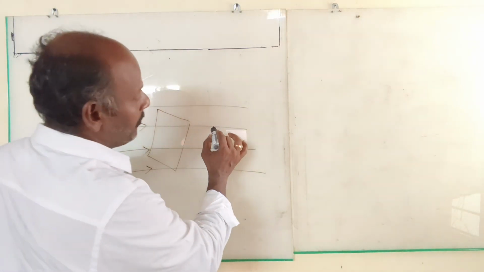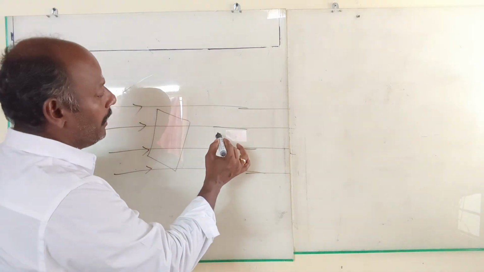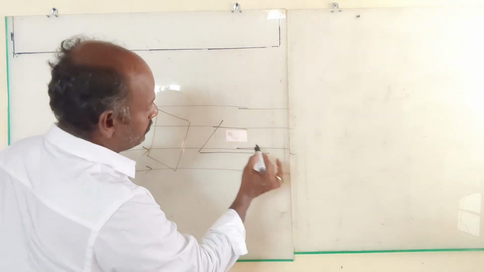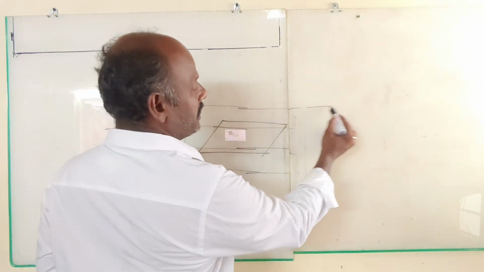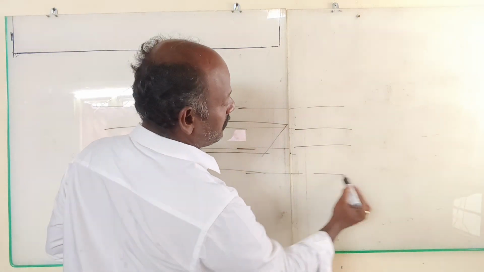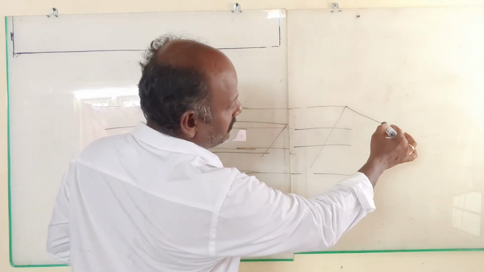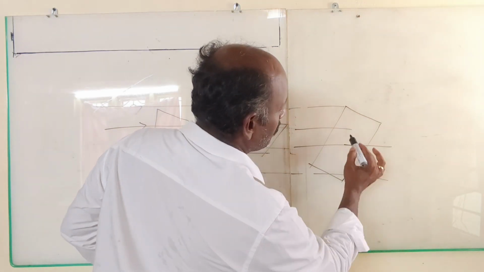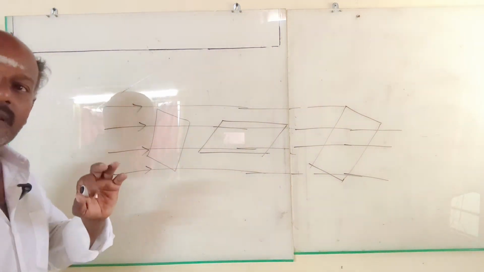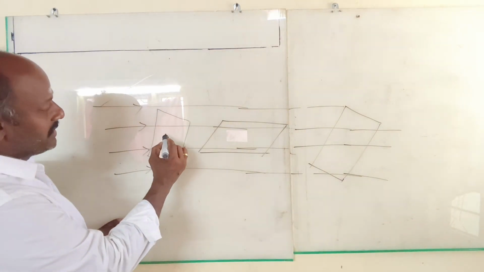Another one, I am placing a closed area perpendicular to the flow. And the third one, I am placing at an angle theta with the flow.